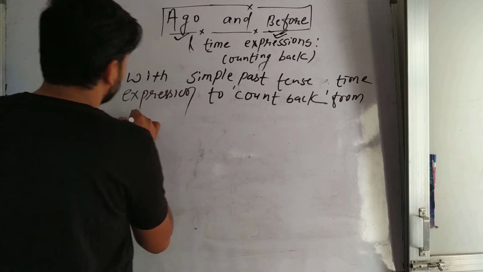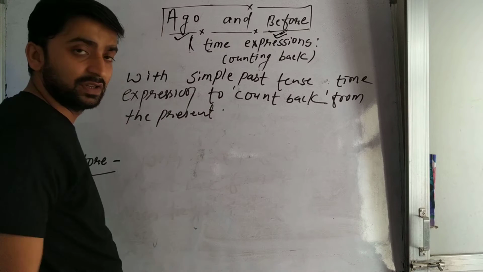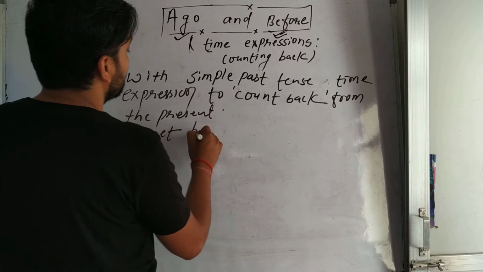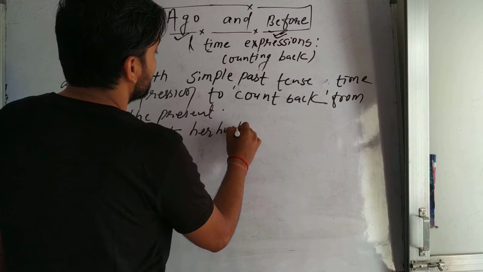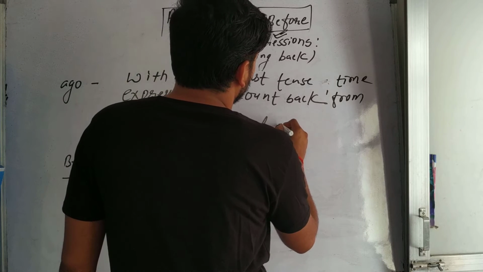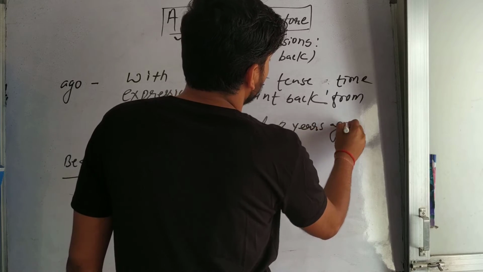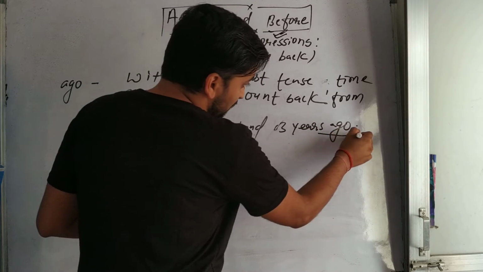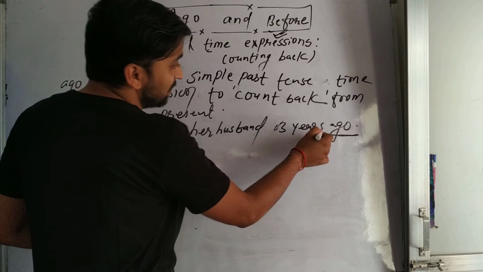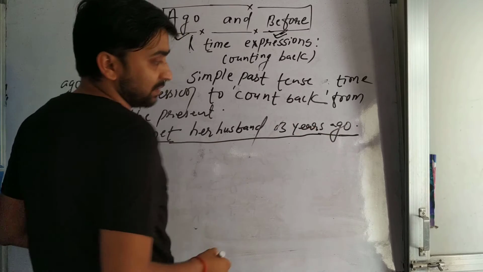For example, we can say I met her husband 3 years ago. So this ago I have used here with simple past tense, and this sentence is taking you back 3 years ago.